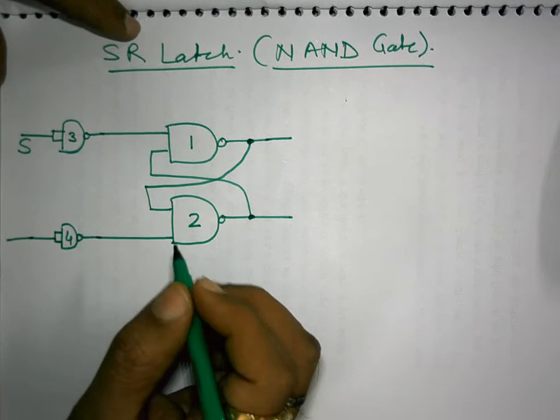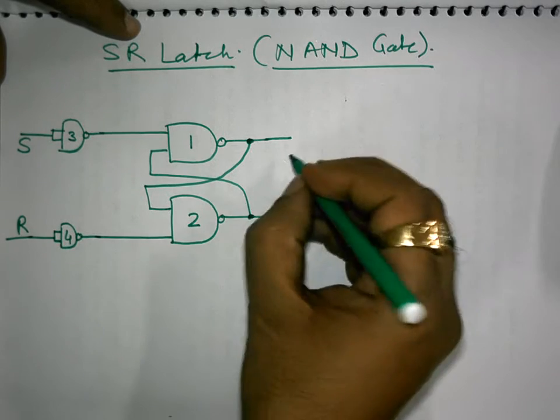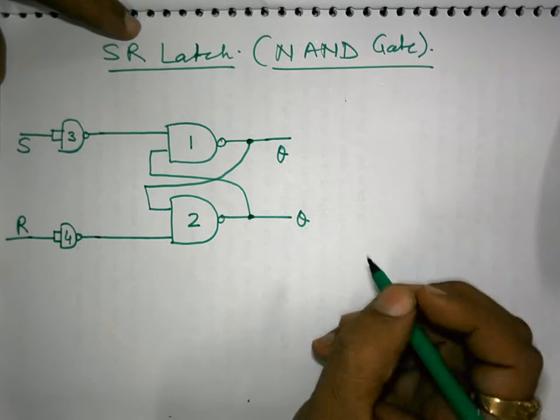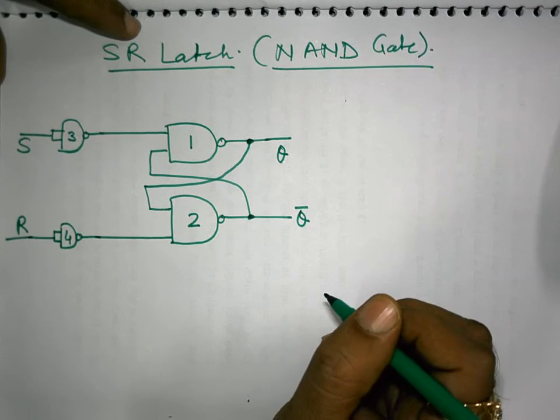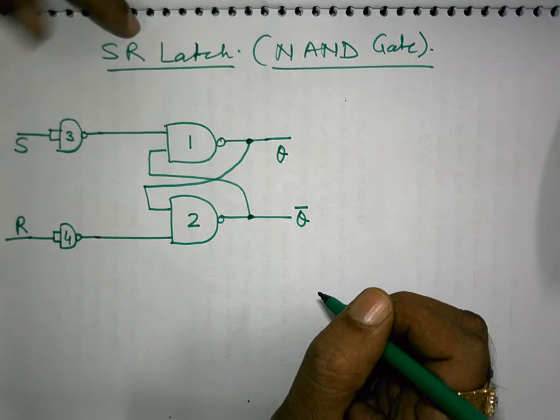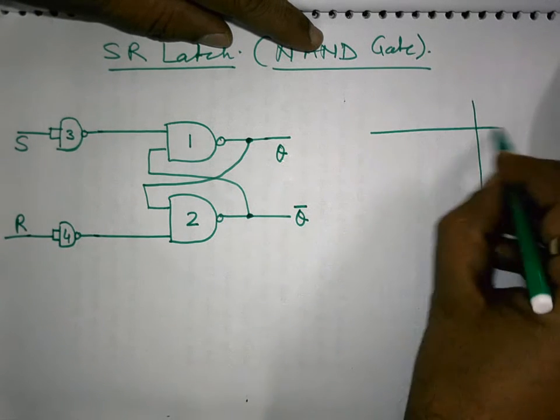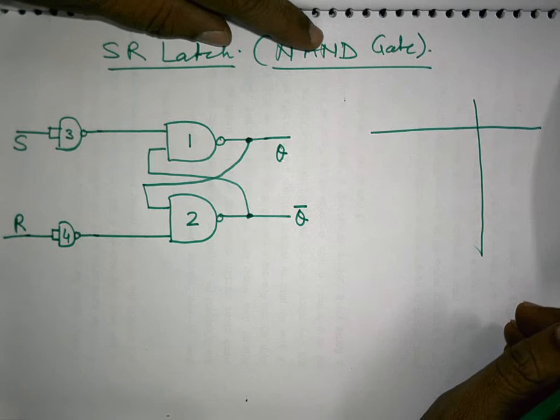This input I am saying to be S, and this input I am saying to be R. This output as Q and this output as Q bar. Now you see what I apply and what will occur over here.